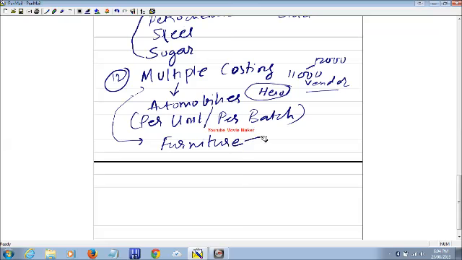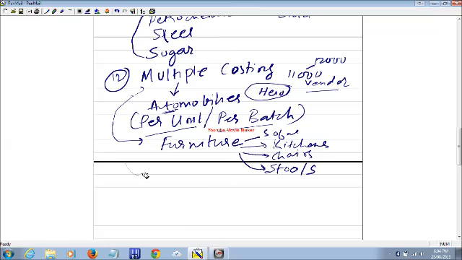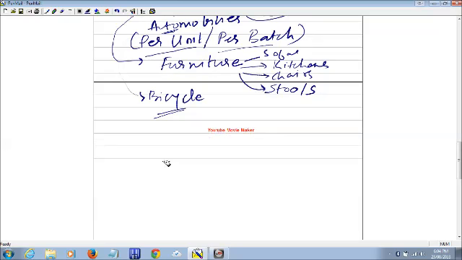Another example which falls under the multiple costing category is the furniture industry. In furniture we prepare different kinds of sofa sets, good looking kitchens, chairs, and stools. As per unit or batch, it falls under multiple costing.